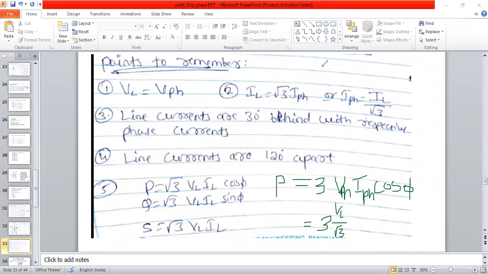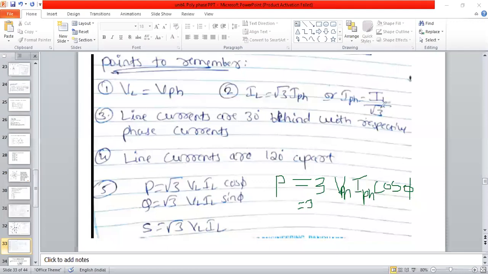Next we will identify it for the delta connection. The general formula is P equal to 3 VPH IPH cos phi. For the delta connection, I'll write this 3 as it is. VPH equal to VL. I will write directly VL here.